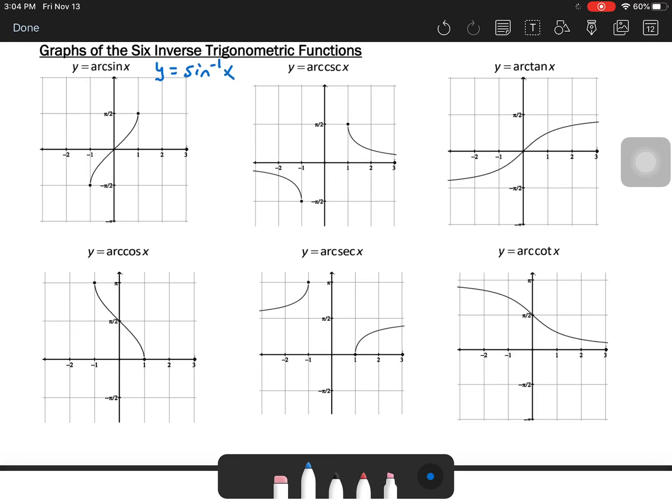But when we input a 1 here, if we do inverse sine of 1, it's saying, well, what's the angle that we would be taking the sine of to get an output of 1? Well, it would be pi over 2, right? And we know that there's several angles that yield a sine value of 1, but in our restricted inverse function here, there's only one output for that, and that's what we need in order to actually have that inverse. We need that one-to-one relationship.